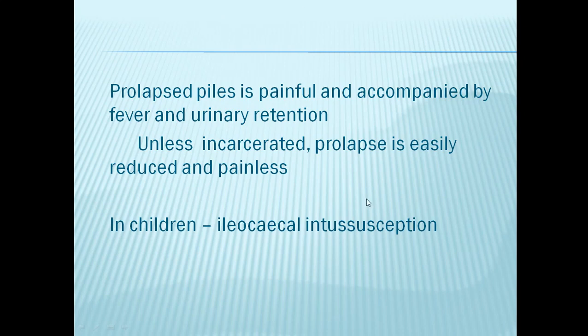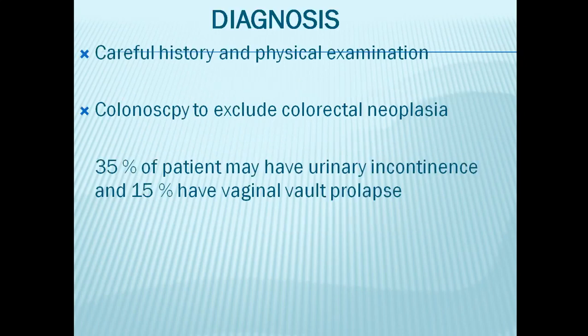The complete intussusception results in abdominal pain, distension, might be bleeding. Most importantly, the ileocecal intussusception might lead to abdominal pain, vomiting, distension, and especially red currant jelly stools. So that is one differential diagnosis for rectal prolapse in children because of the bleeding.